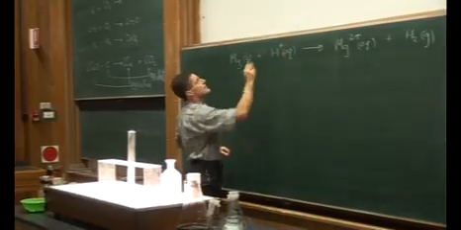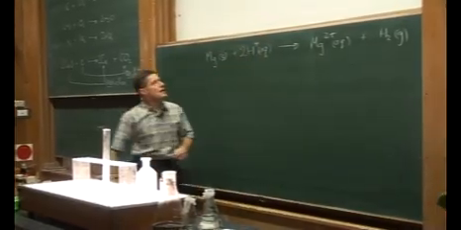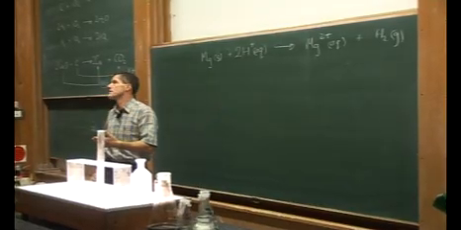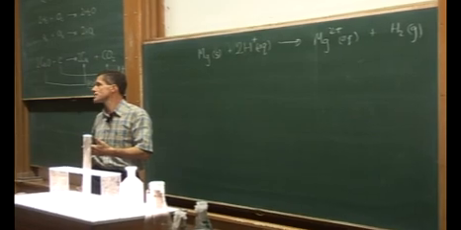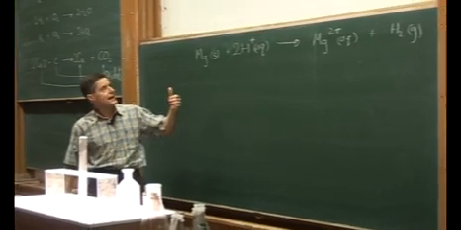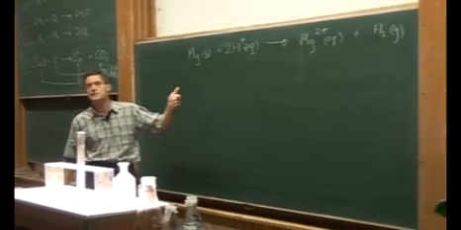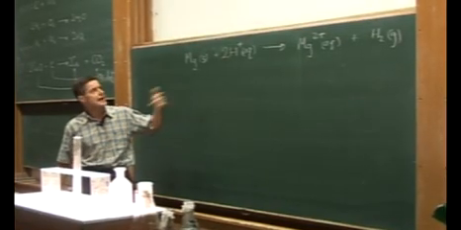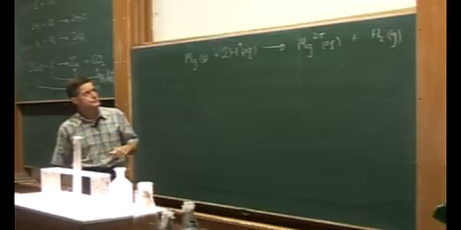Balancing this up, I need a 2 there, and with any equation involving charges, I need to balance the types of atoms, numbers of each type, and then check that the charges balance left and right, and they do.